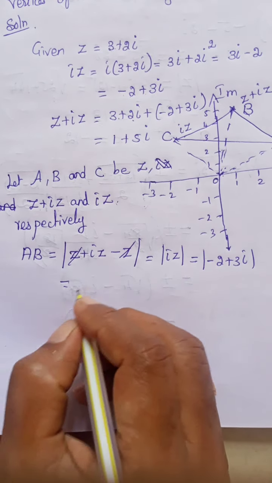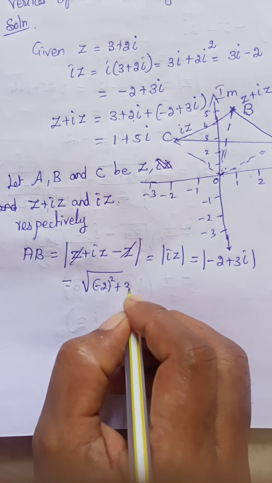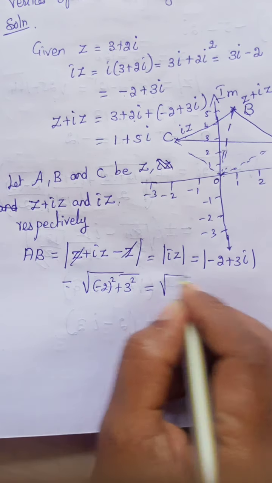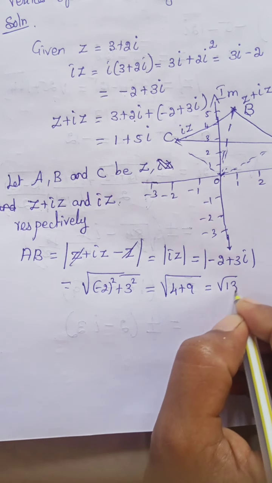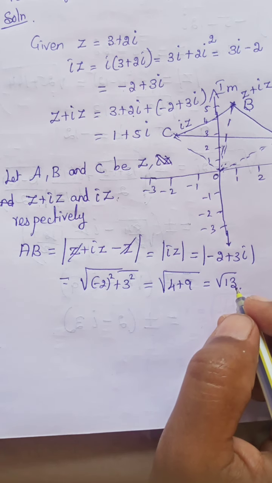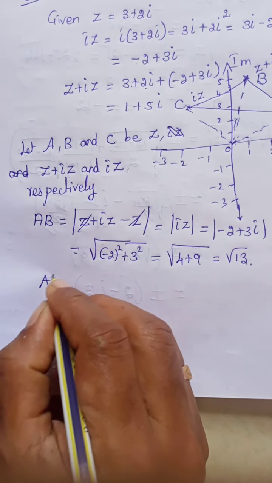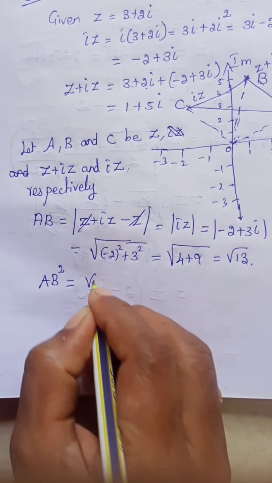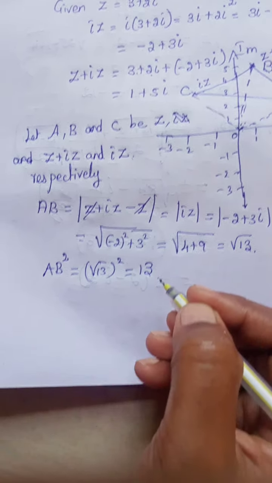That is the square root of minus 2 the whole square plus 3 square, which is root 4 plus 9, equal to root 13. In order to prove the right angle, we need the squares of the sides, so I am finding the square also. AB square is equal to root 13 the whole square, which is 13.